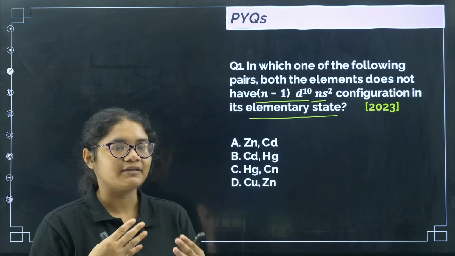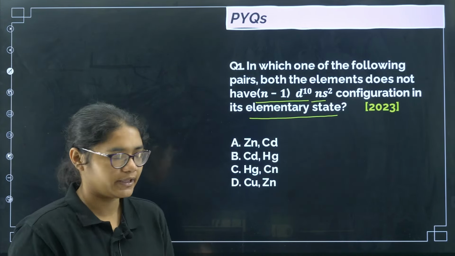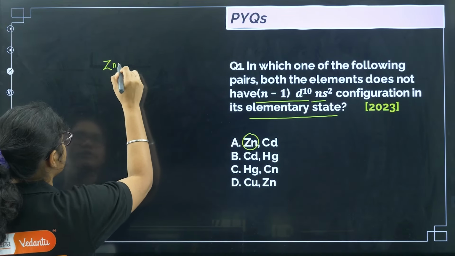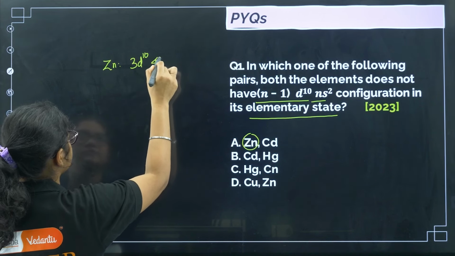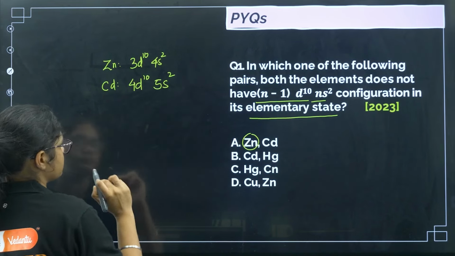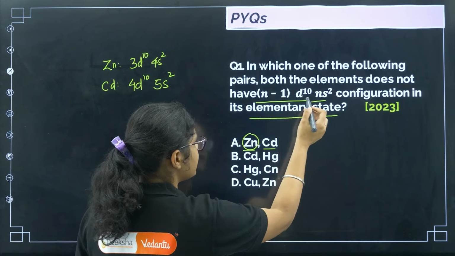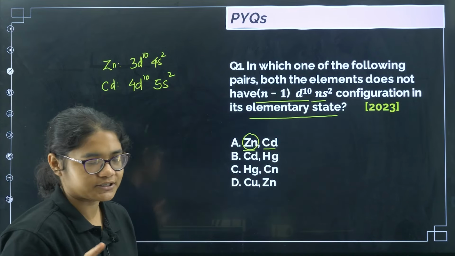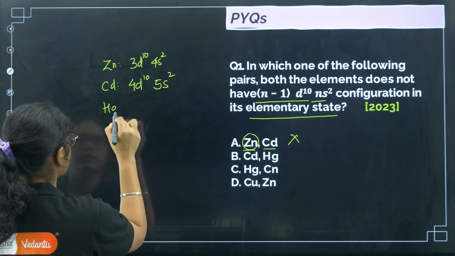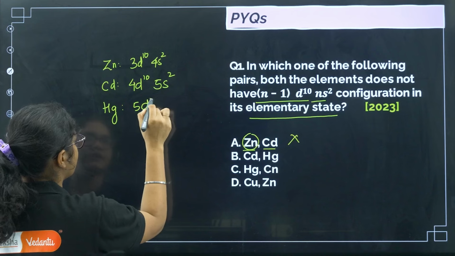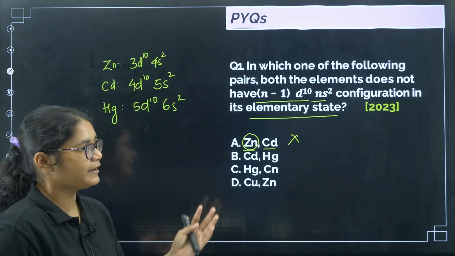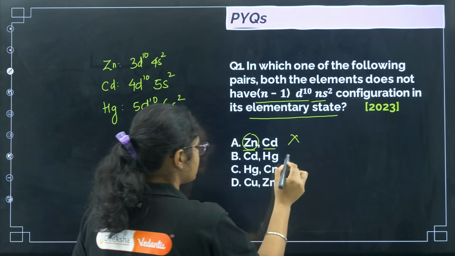Zinc's electronic configuration is 3d10 4s2. Cadmium is 4d10 5s2. So zinc and cadmium both have (n-1)d10 ns2 configuration, so this cannot be the answer. Now cadmium and mercury: mercury is 5d10 6s2, so here also the configuration is (n-1)d10 ns2, so this also cannot be the answer.